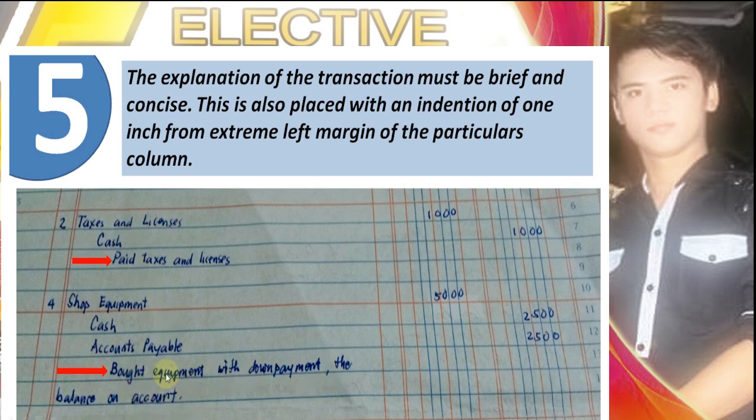What does this mean? On June 4, 2020, we bought shop equipment, made a cash down payment of 2,500, and the balance is owed, so we have accounts payable. So take note, the explanation must be brief and concise.